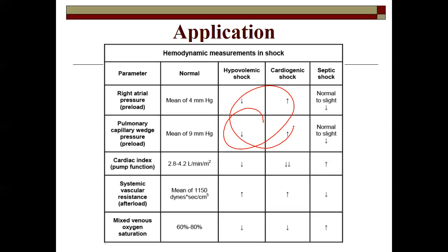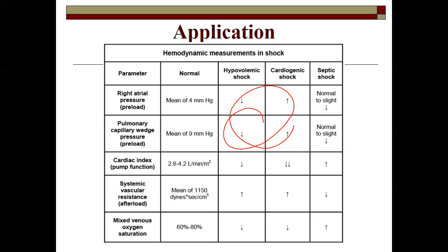Some people, if they just dump and unload their brain, that's what works for them. But if you just memorize the values and remember that in a patient with hypovolemic shock, they're going to have a low wedge pressure, or if they're cardiogenic shock, they're going to have a high wedge pressure. If you can just know the value and know which one's which, then you can apply it in the question.